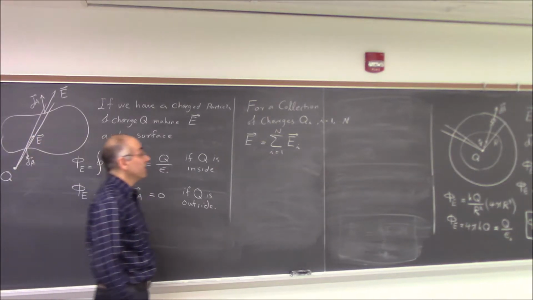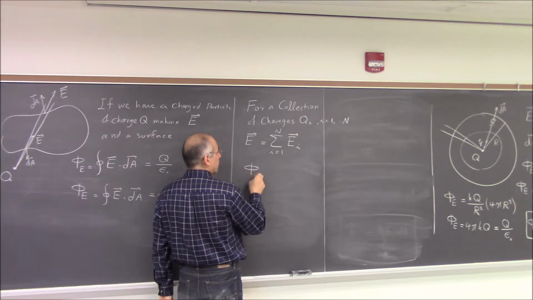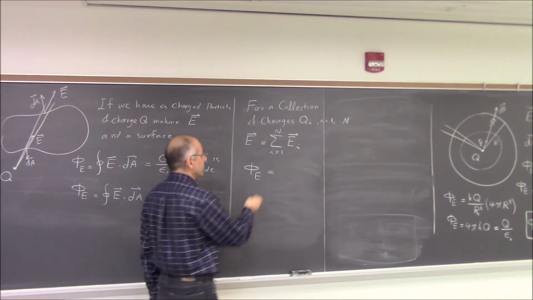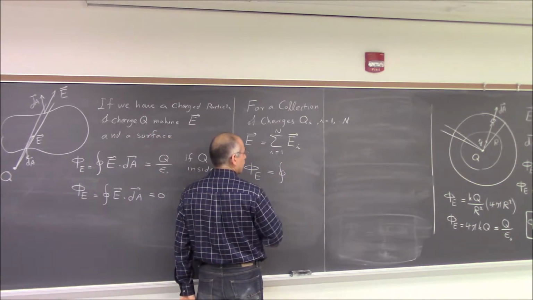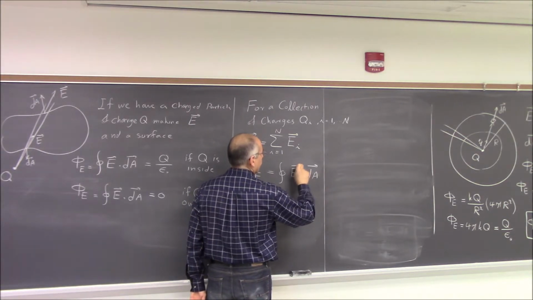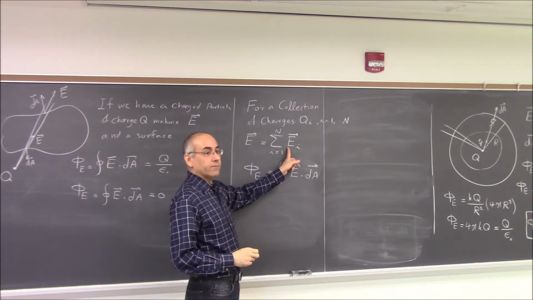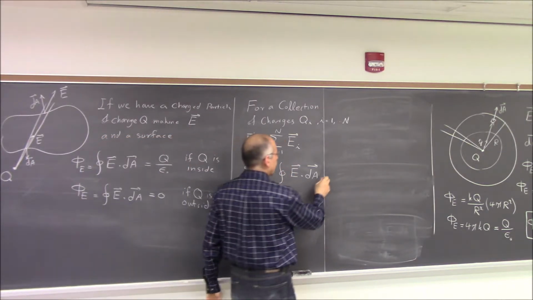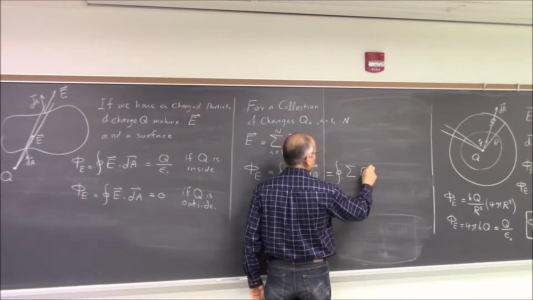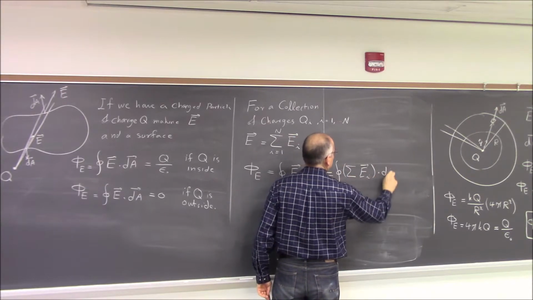And then, if you have a surface, phi of total E on that surface will be the integral over the surface of E dot dA. And this E is the sum of all these Ei's. So you can write it as the integral of the summation of Ei dot dA, right?